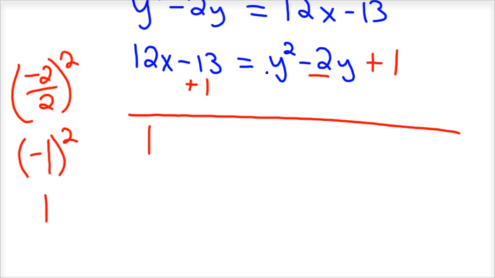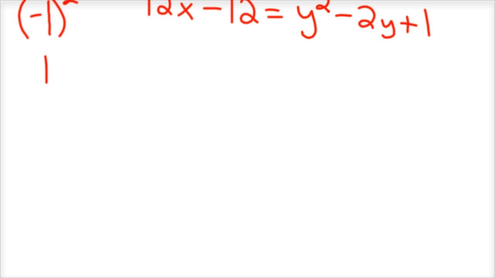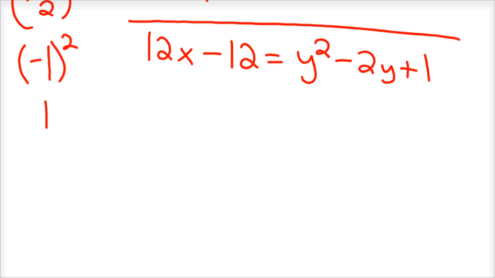And so we've got then 12x minus 12 equals, and the reason we complete the square is so that this factors. So I'll go ahead and write it out. I'll try and show my work really nicely. So this factors to minus plus is minus minus, and so it's the perfect square, y minus 1 squared.